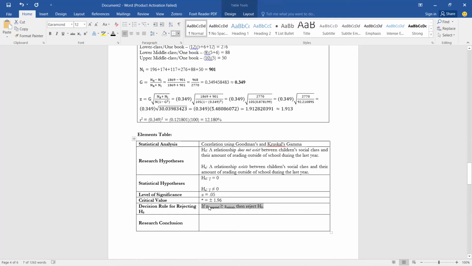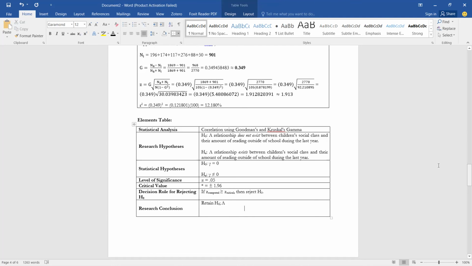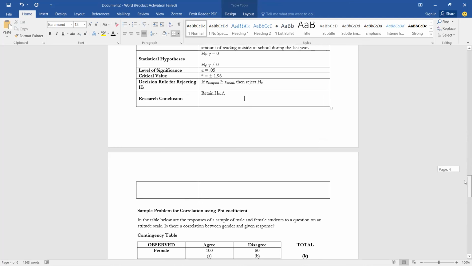If the z-score we computed for gamma is greater than the z-critical 1.913, then reject HO. In this case, we are retaining HO, no? Because 0.349 is lower than 1.913.